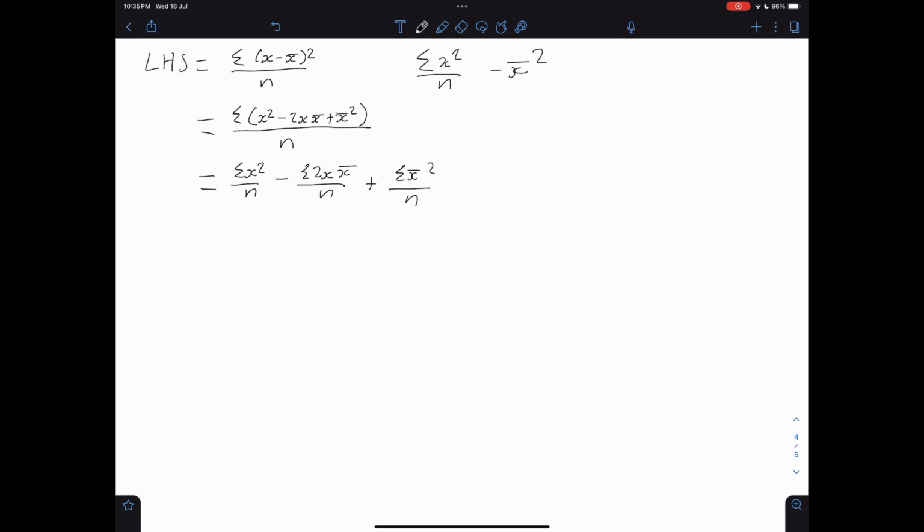Then we could factorize that second term, pull the 2x out, and then we can simplify that a bit.